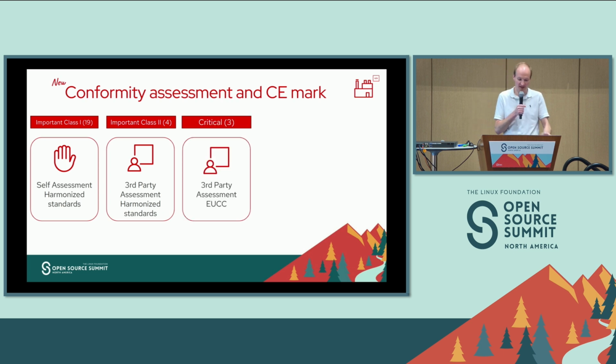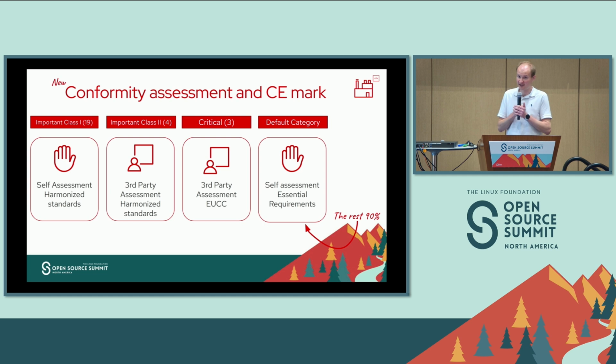For critical products, there are going to be requirements of third-party assessment following EUCC, which stands for EU Common Criteria, which is a variation of US Common Criteria, but that's what's going to be used for third-party assessment for critical products.